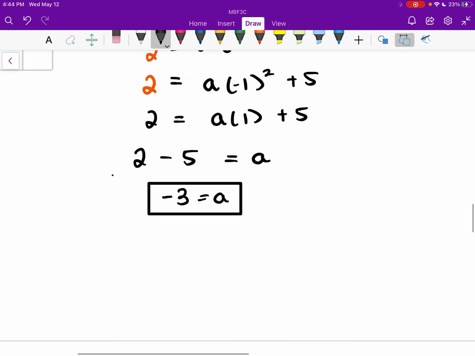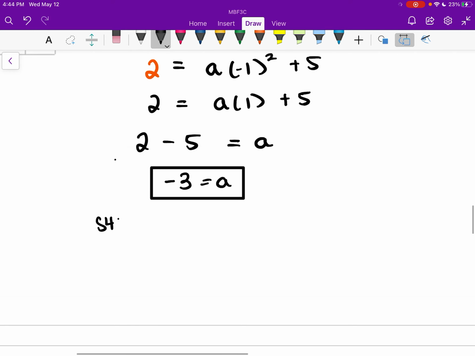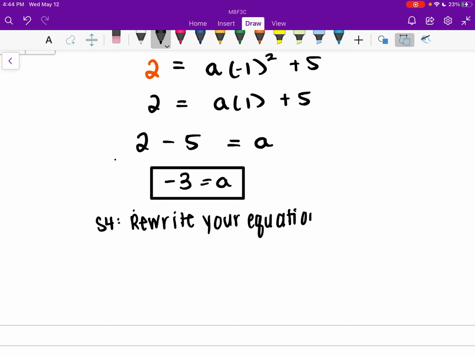And then step 4 is just rewrite your equation without x and y.